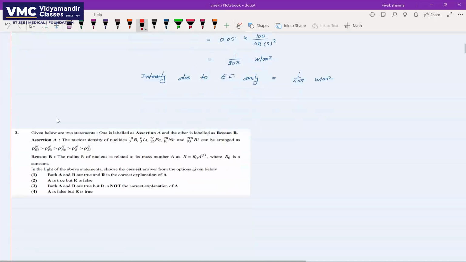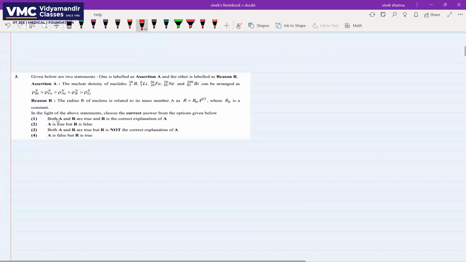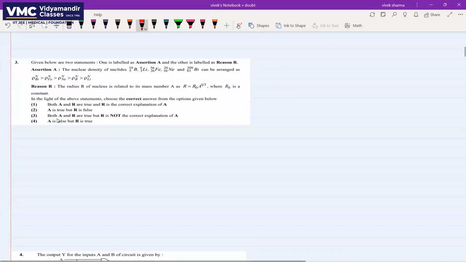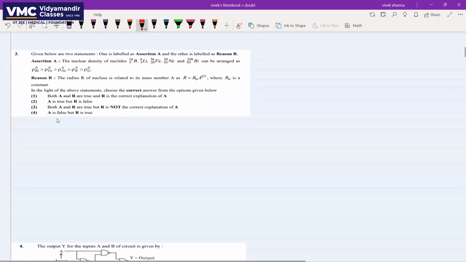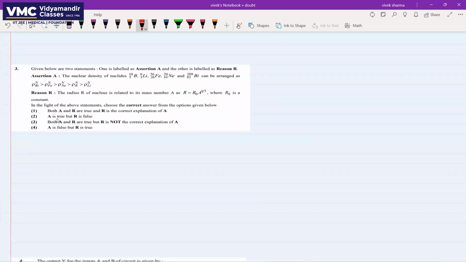Now moving to next question. It is a conceptual question: assertion A, nuclear density of nucleoids. So as we know, nuclear density is constant for all the elements. So assertion A is false, and the radius R of the nuclei is related to the mass number, so yes, this relation is correct.